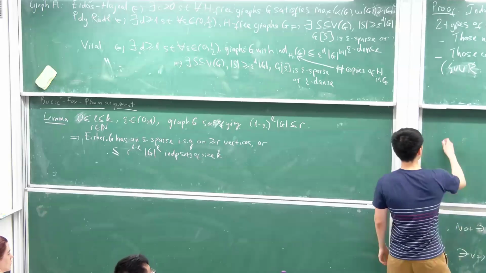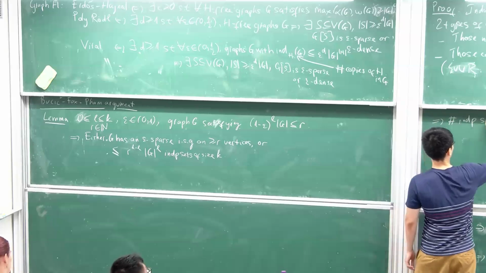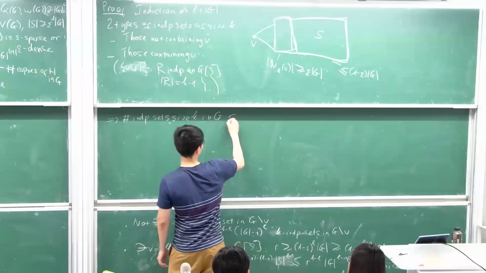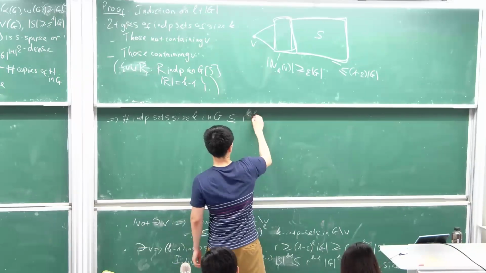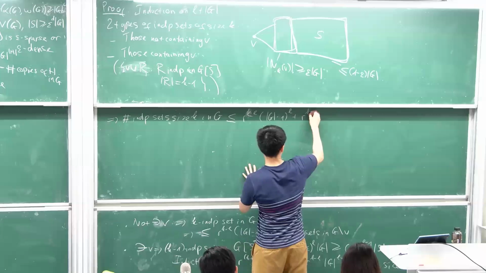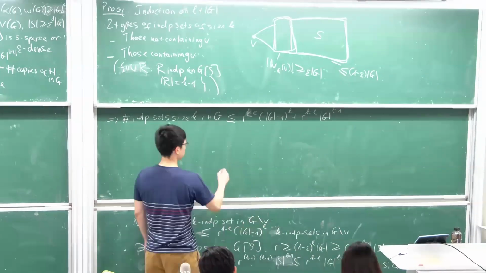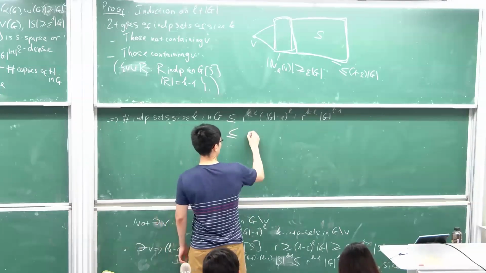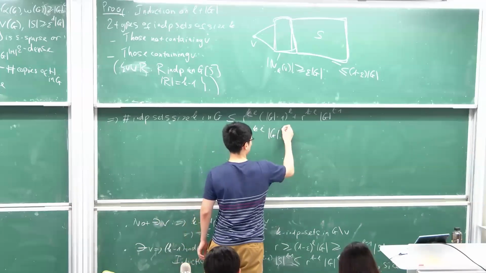Right, so now the total number of independent sets of size K is at most R to the K minus L times G minus 1 to the L plus R to the K minus L times G to the L minus 1. And we're supposed to show that this summation is at most R to the K minus L times G raised to the power of L.